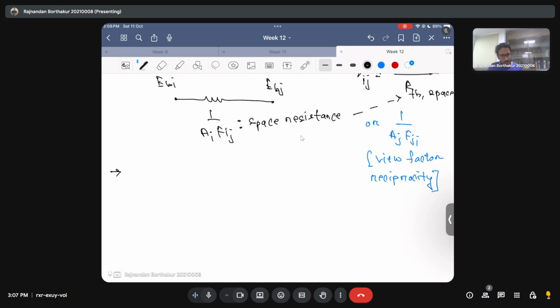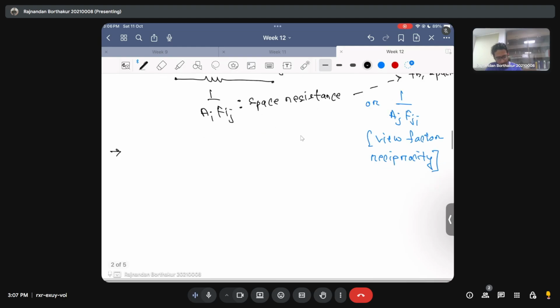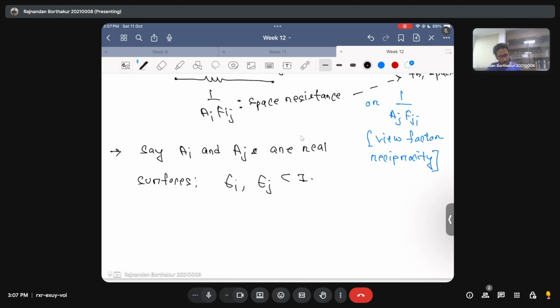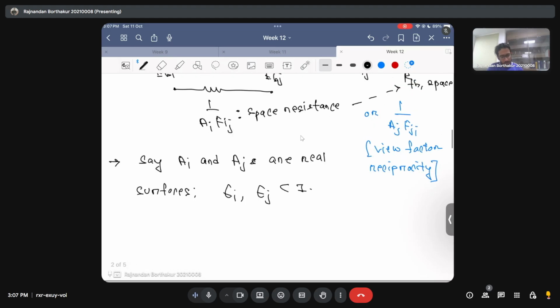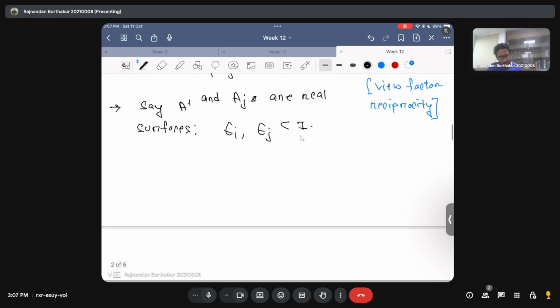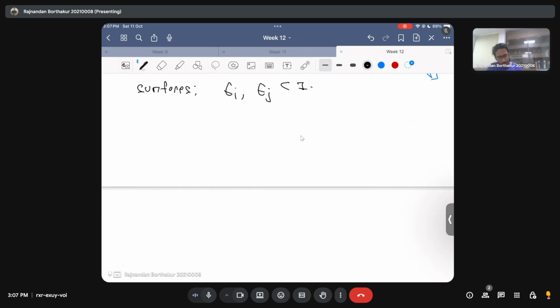So for real bodies, now let's say AI and AJ are real surfaces, meaning that their individual emissivities, epsilon I and epsilon J, are less than 1, which is the case for a real surface. So if you now have a real surface, your radiation network needs to incorporate two more extra resistances, which we call the surface resistances of real bodies.